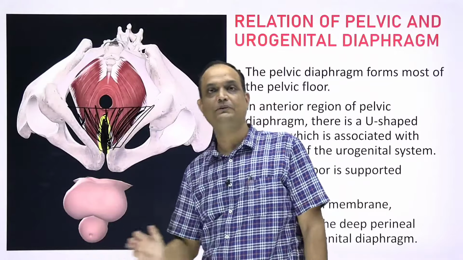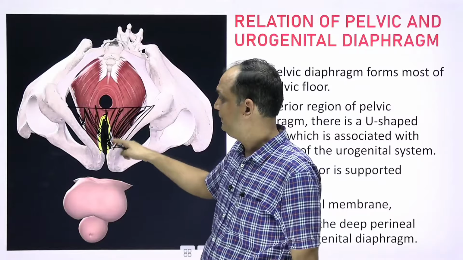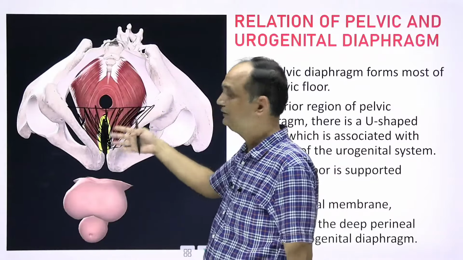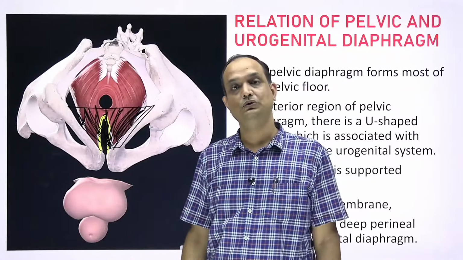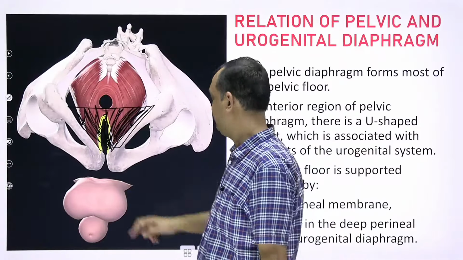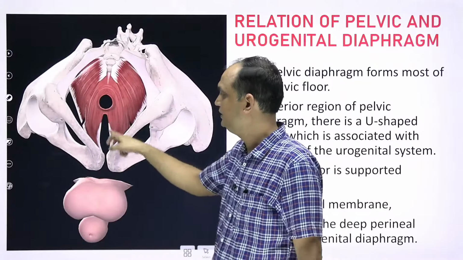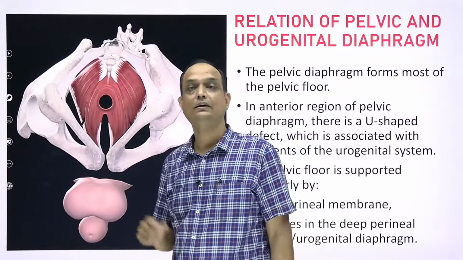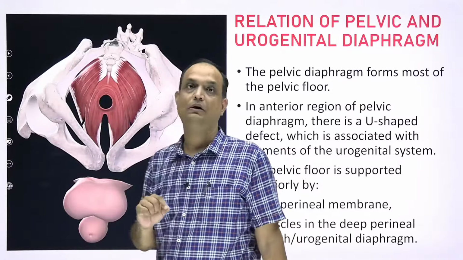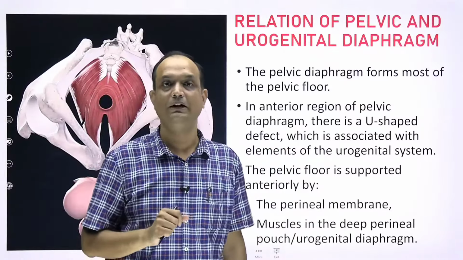You will remove the superficial pouch contents, but still you are not able to see this gap, because this gap is further supported by the urogenital diaphragm. And once you remove the urogenital diaphragm, after that you are able to appreciate there is a quite a gap or hiatus in the anterior part of this pelvic diaphragm.